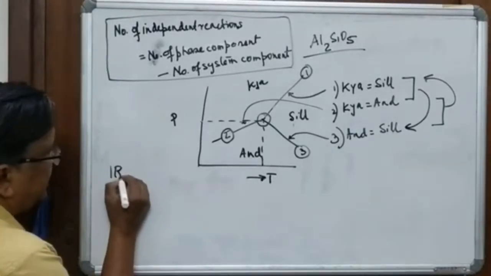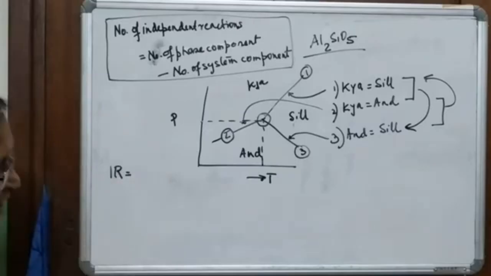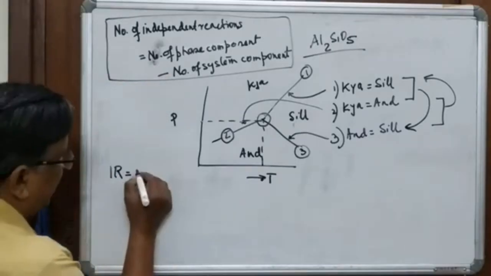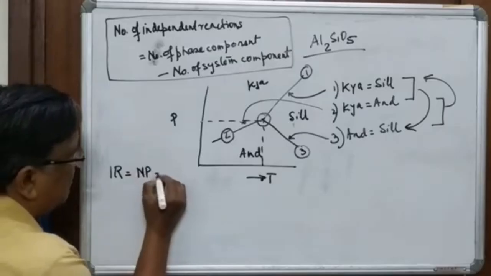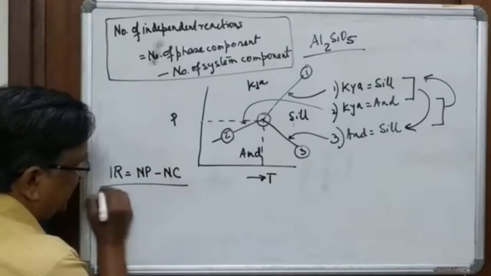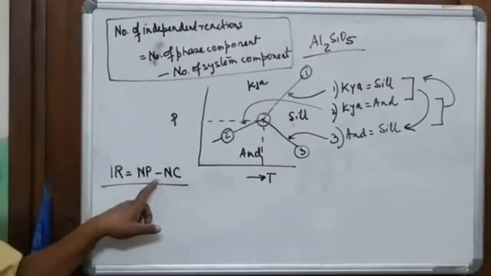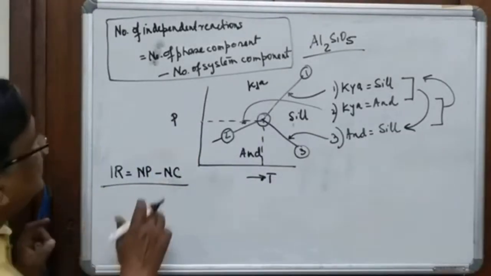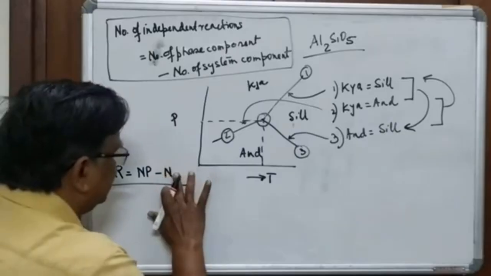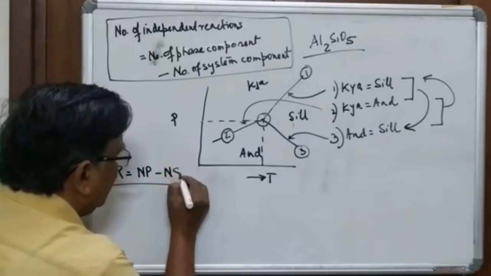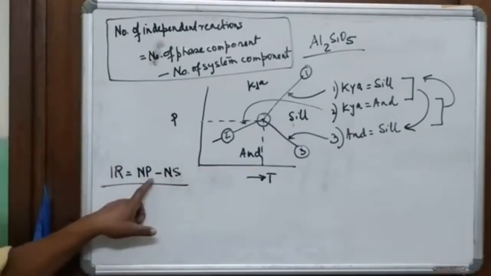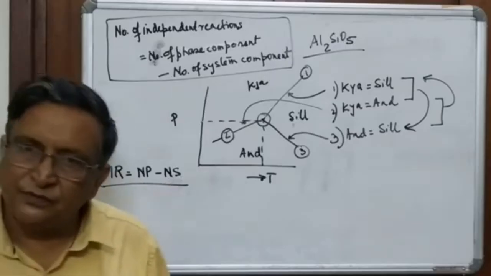So if I write independent reactions, it's called NP minus NC in short. Not very commonly used. Number of phase components minus number of system components.